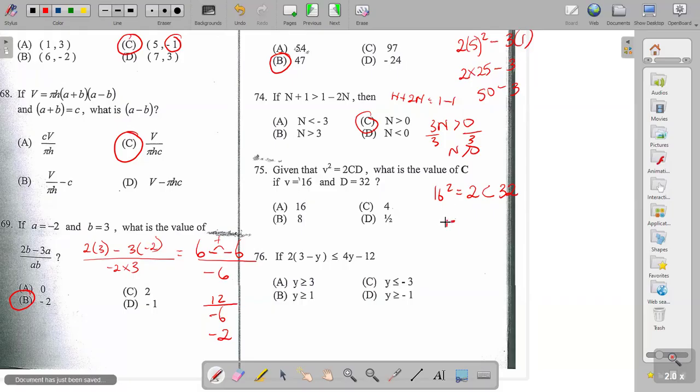So c is equal to 16 squared over 2 times 32, which is 64. And then you have to work out 16 squared, because 16 times 16, right?